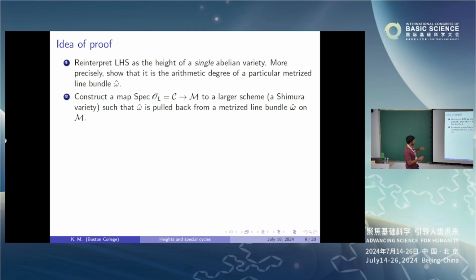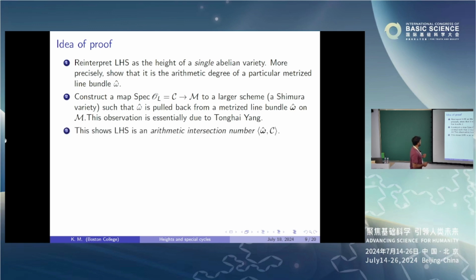And anyway, as I said, this observation is essentially due to Tonghai Yang, so the point is that the left-hand side of the average formula is an arithmetic intersection number.